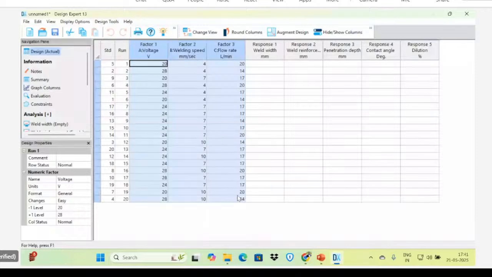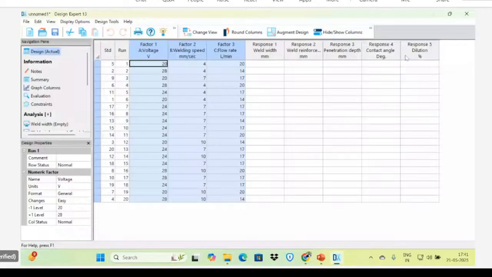After making all the 20 beads, you can cut a cross section and polish the sample. And after polishing, you can take the macroscope image, and you can use image software to calculate weld width, reinforcement, penetration depth, contact angle, and dilution.